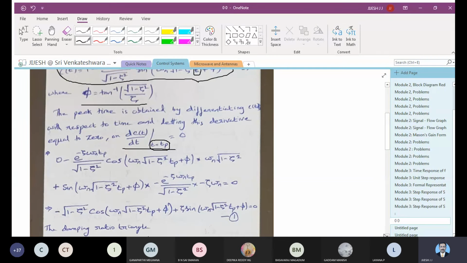You will get minus root of 1 minus zeta square. What things are common in both the terms: e to the power of minus zeta omega n Tp and omega n divided by root of 1 minus zeta square. If you take it outside, you can see that the rest of the terms are there here.